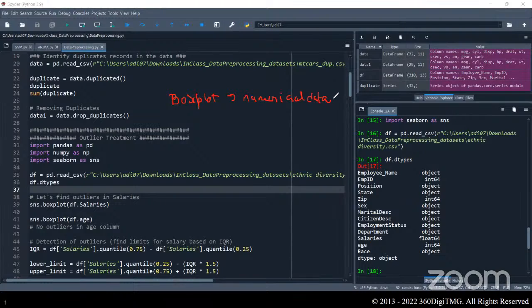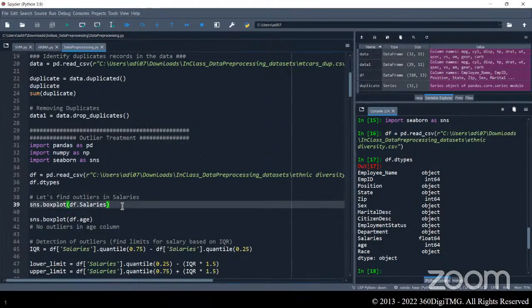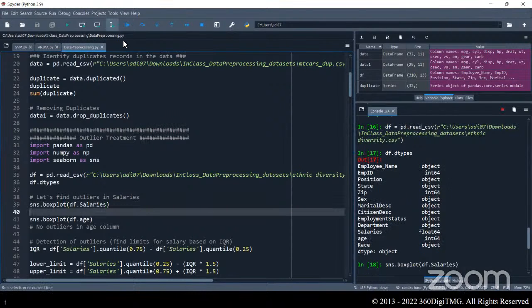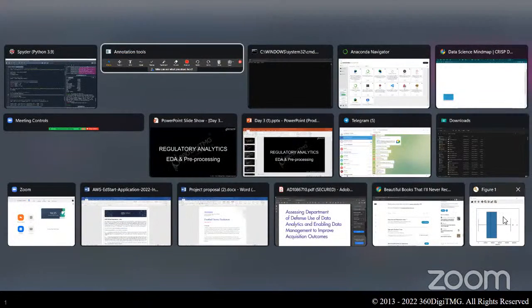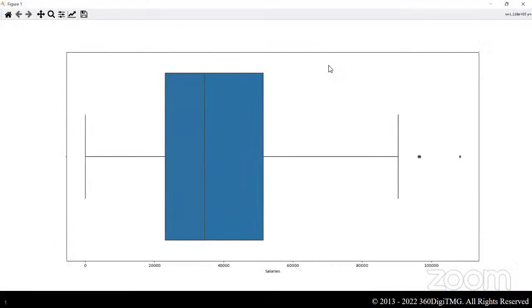Wherever you have numerical points, we use box plot. Done. All right. So let me open up the visualizations. All right, here we go.